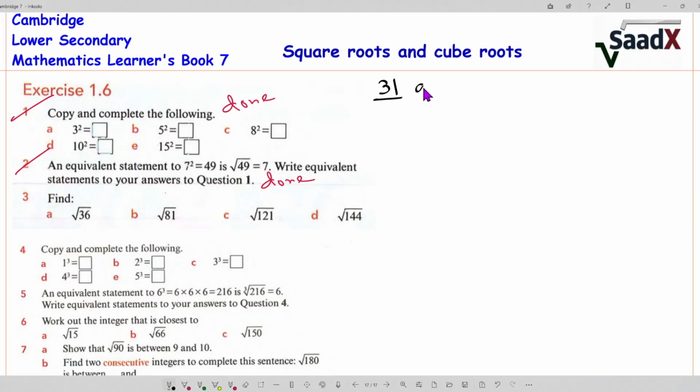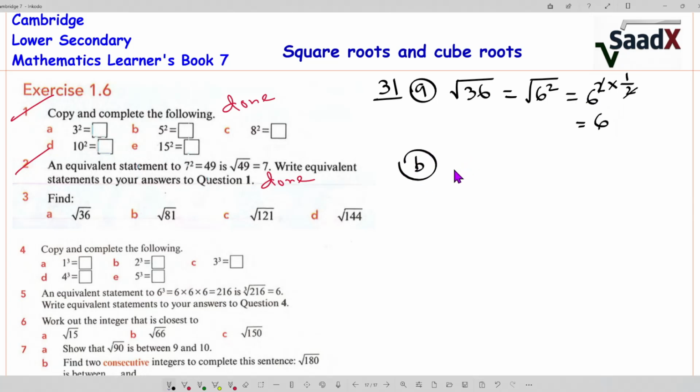Number 3a, root 36. This 36 we can write as 6 squared, here is the root, so 6 squared times, against this root, we can write 1 by 2. So 2 and 2 cancel out, it will be 6 because 6 to the power 1 means 6.